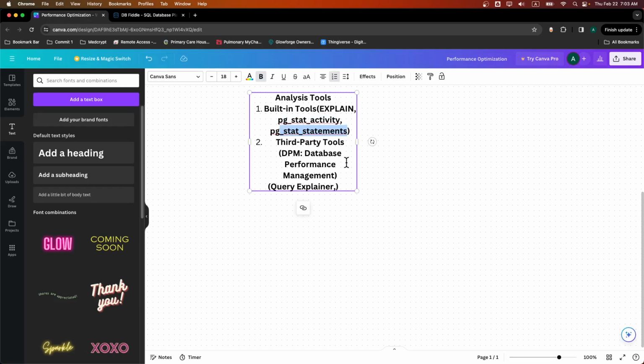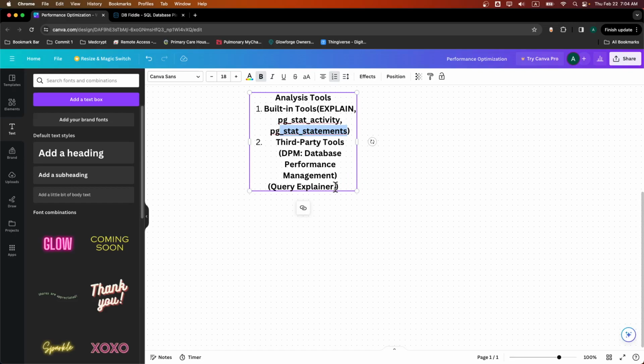What they do is offer detailed visualizations and explanations for query execution plans. So you're going to end up identifying the inefficient steps inside your query.